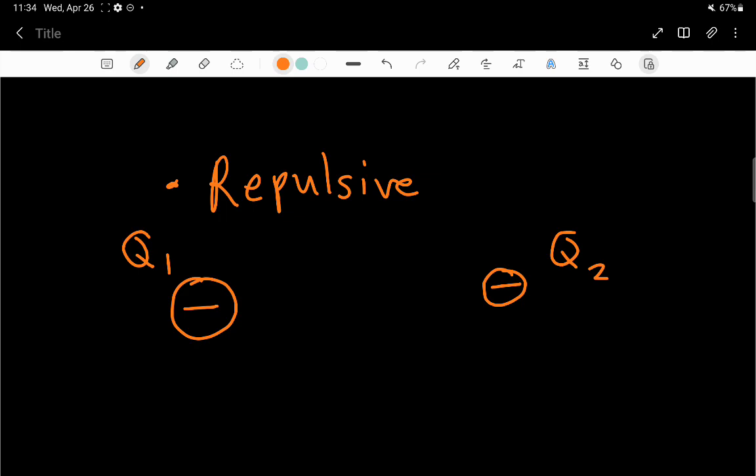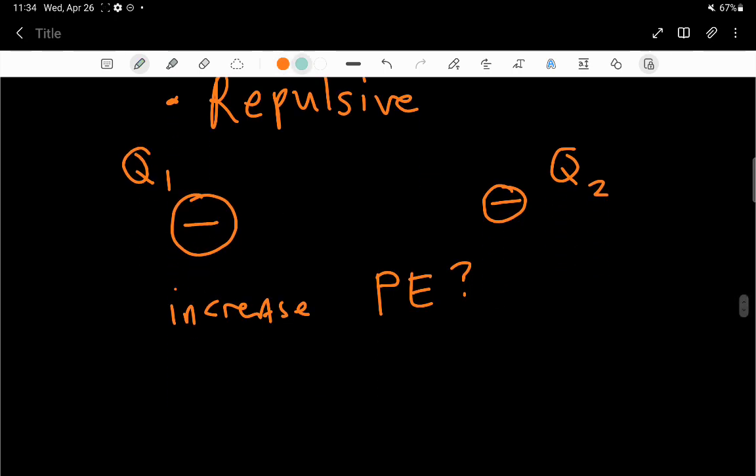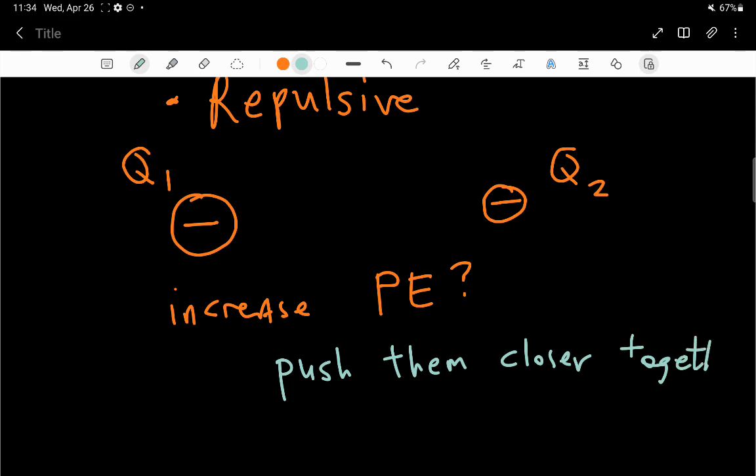They happen to both be negative. And so how do we increase the electric potential energy? The way we do this is we push them closer to each other. Right? That's how we increase potential energy between two objects that repel each other instead.